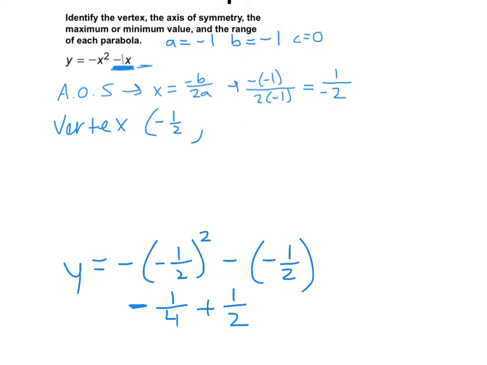How can we add these fractions together? You gotta make them both the same denominator. So what can we do to our second number? Multiply it by 2 over 2. So this becomes a negative 1/4 plus 2 over 4.